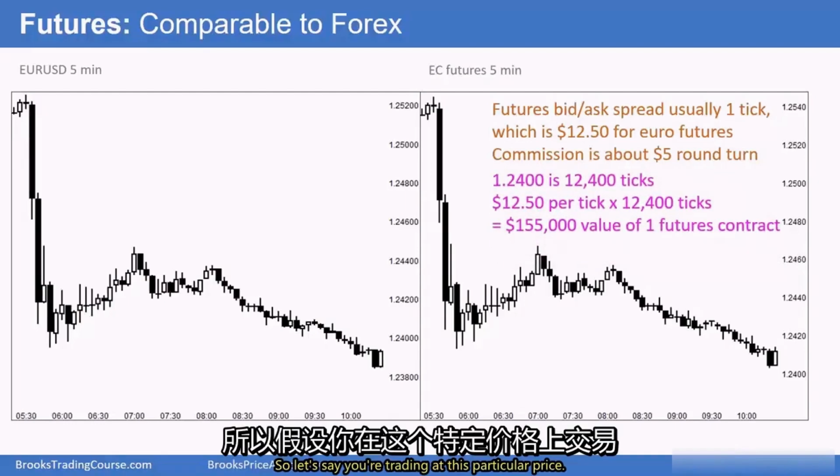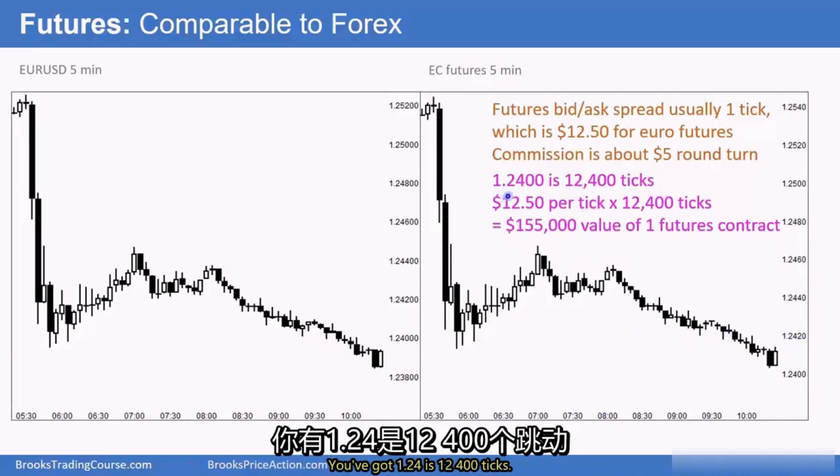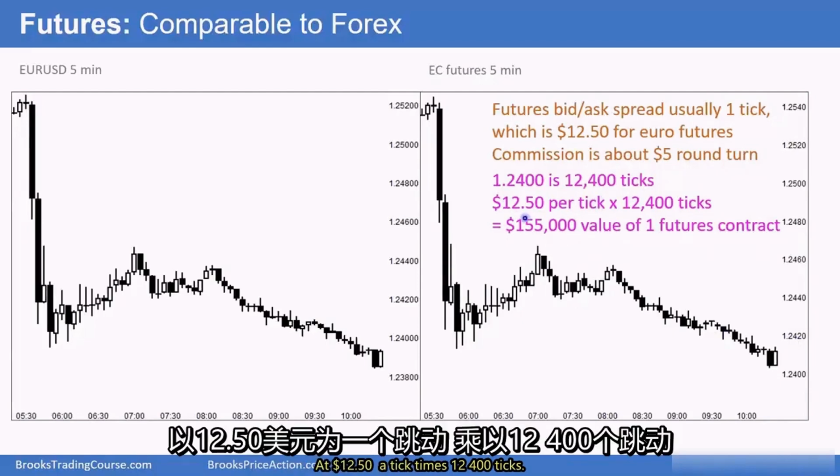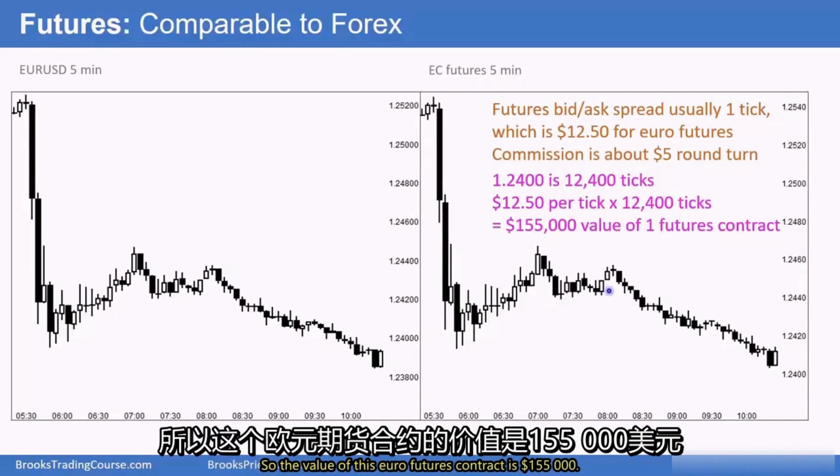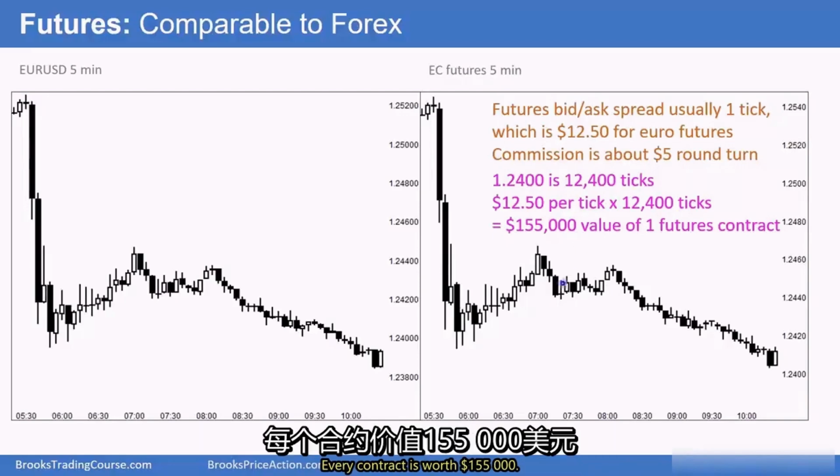So let's say you're trading at this particular price. You got 1.24, which is 12,400 ticks, at $12.50 a tick. So the value of this Euro futures contract is $155,000. Every contract is worth $155,000.